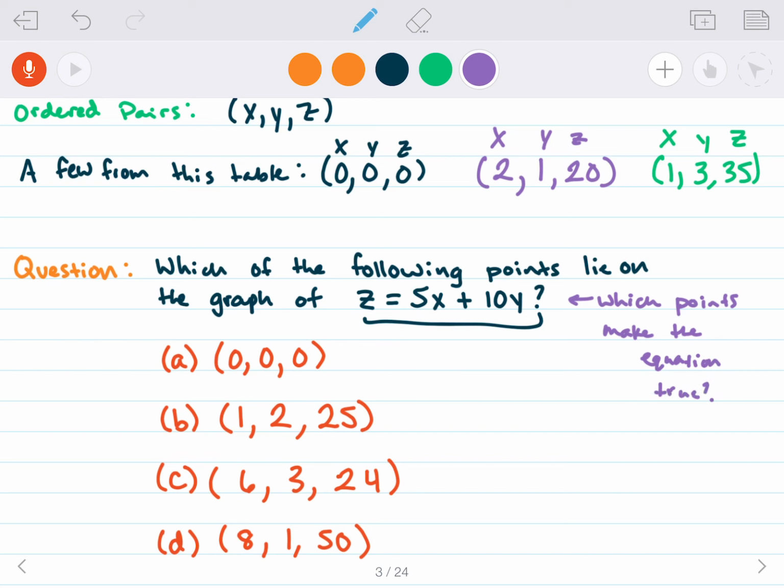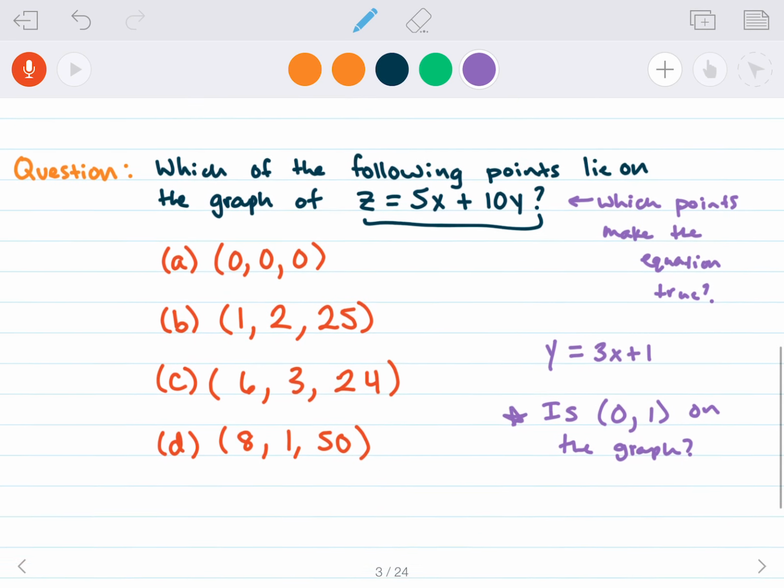Let me go back to 2 dimensions, okay? So we can have an analogy. If I gave you y equals 3x plus 1, and I said, is the point 0, 1 on the graph, what would you do?